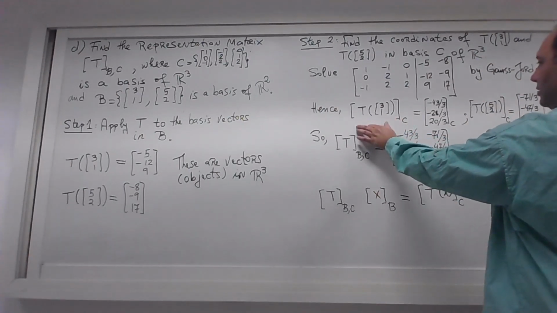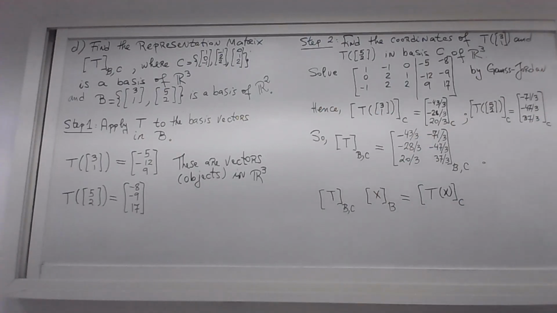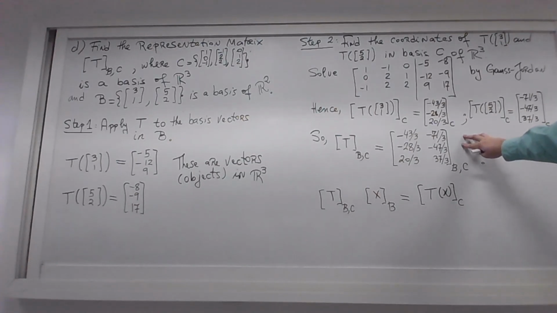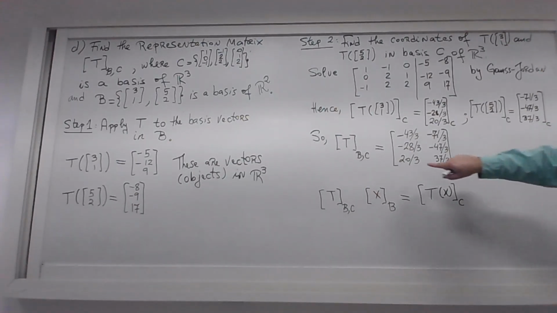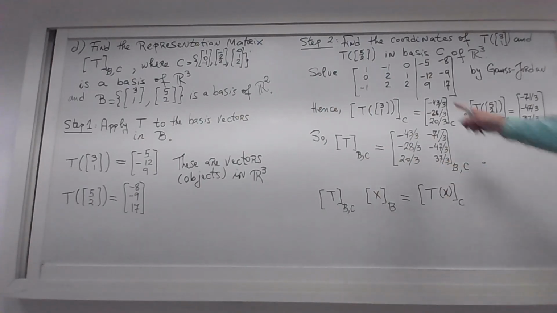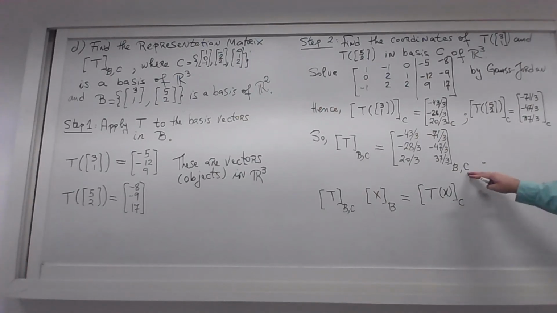So the coordinates of the first image in basis C are given here, and the coordinates in basis C of the second image are given here. So our representation matrix relative to basis B for inputs and basis C for outputs is given here. We just copy the coordinates in the correct order, and that's how we get the representation matrix relative to bases B and C.